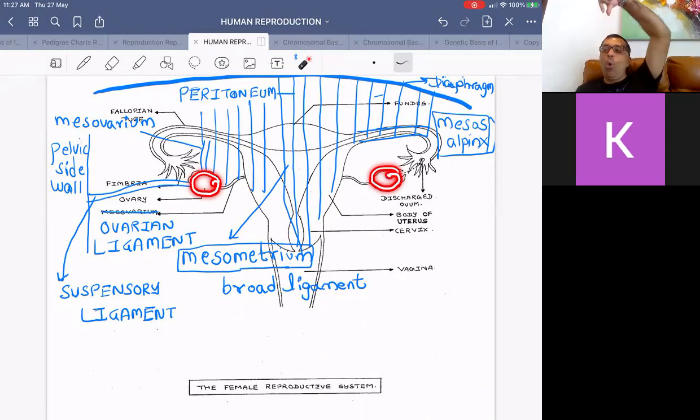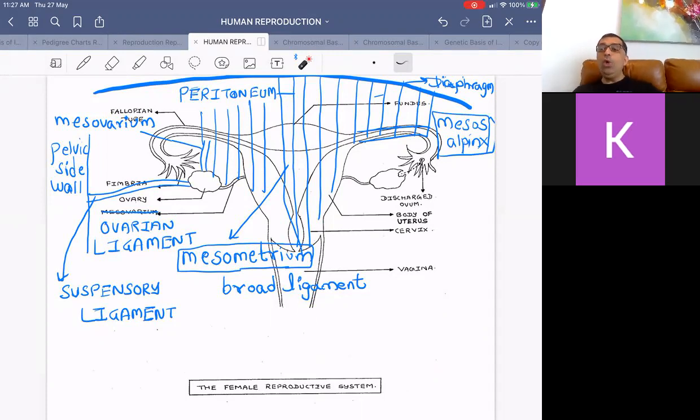And the spermatic cord, we remember, was an extension of the peritoneum. Similarly, the entire female reproductive system is supported by peritoneum. Peritoneal support is there.